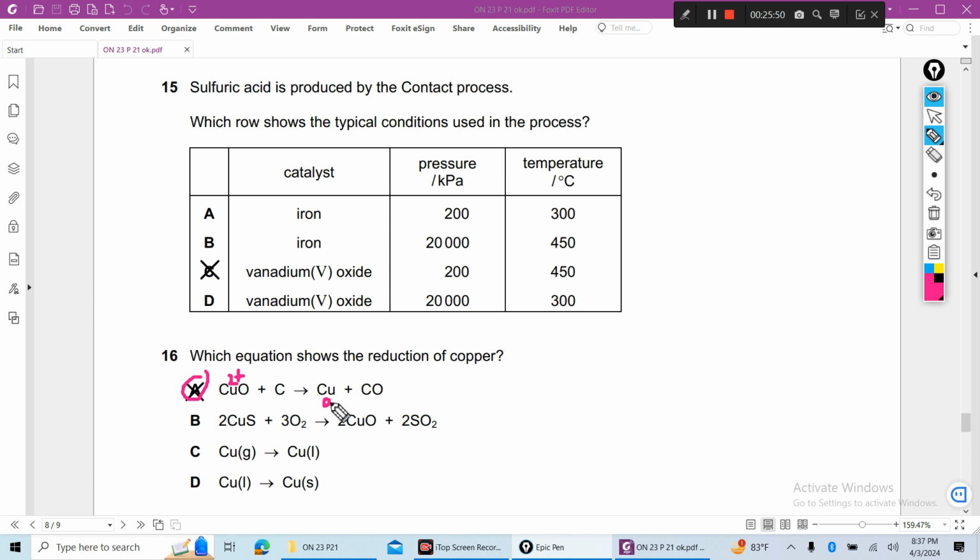Copper is reduced. But here copper +2, here +2, same, not reduced. Here 0, 0, same. So the answer will be A.